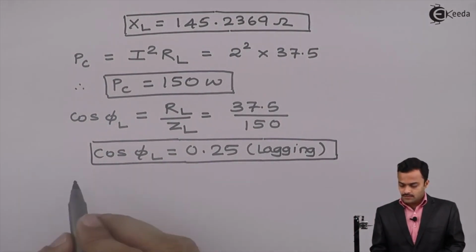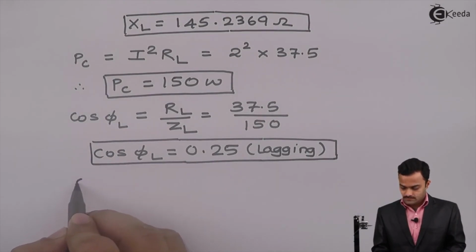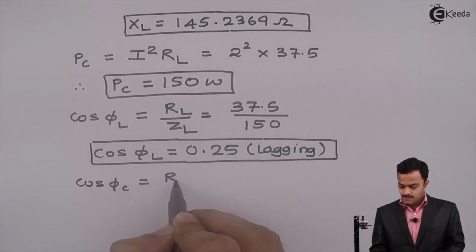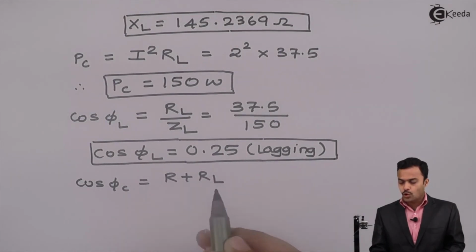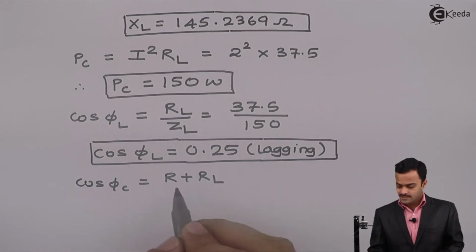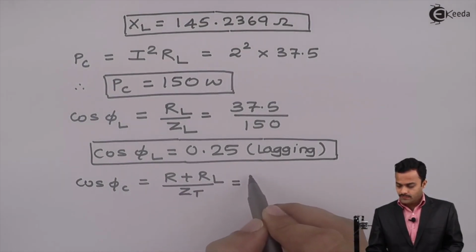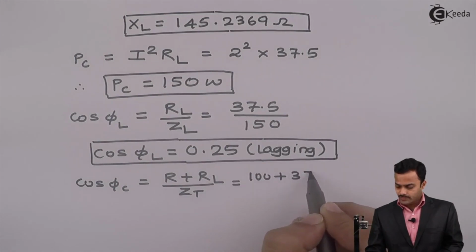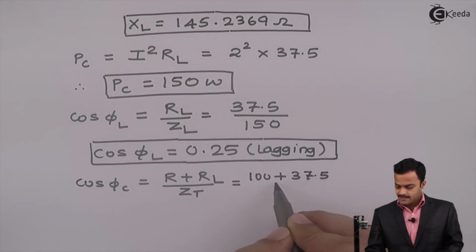Let's calculate power factor of the circuit. Cos phi C is R plus RL, because that is the total resistance in a circuit, divided by ZT. So R value is 100 already given, RL we calculated 37.5 and ZT is 200.